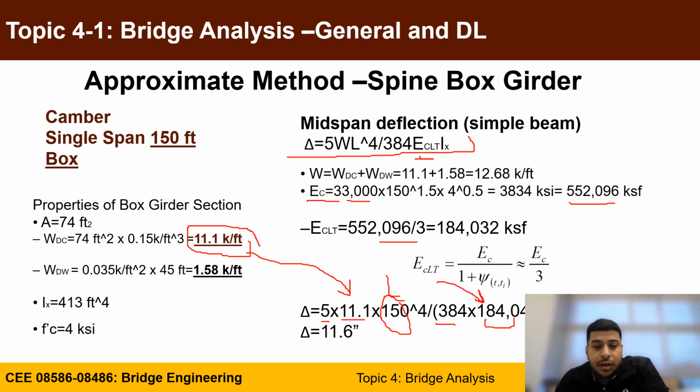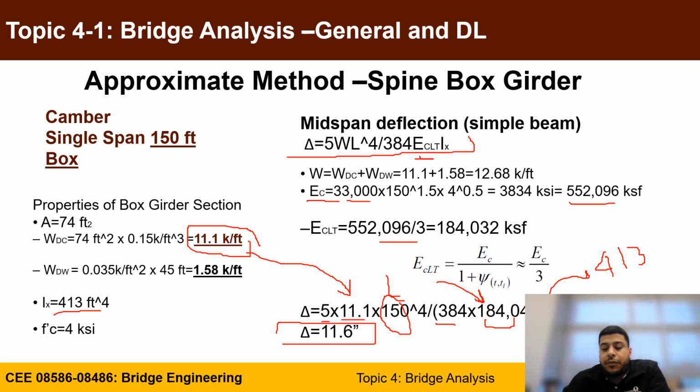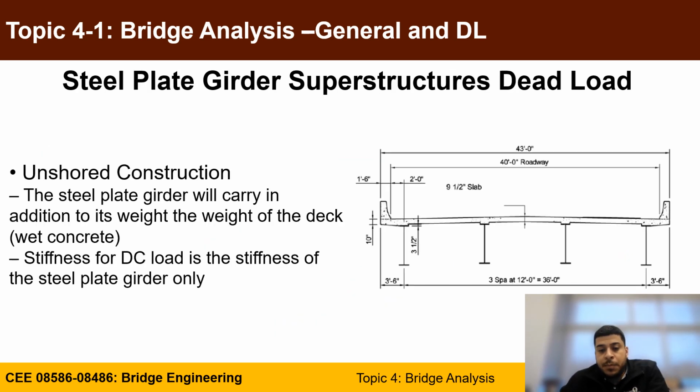The I was 413 feet to the power 4, and your deflection due to dead load will be 11.6 inches, around 1 foot. You have to use it as camber for your box.